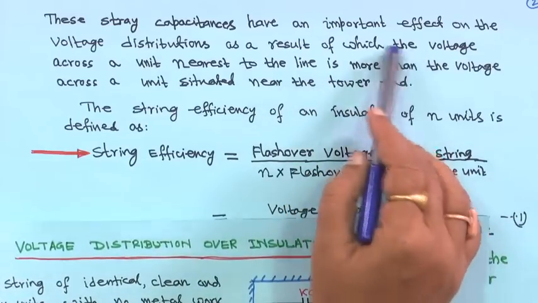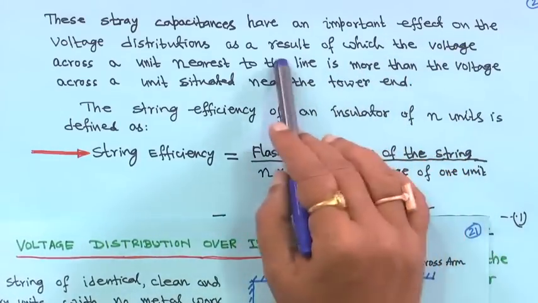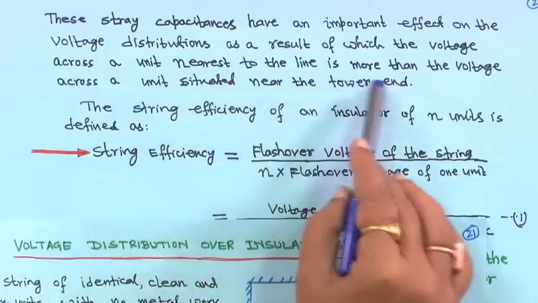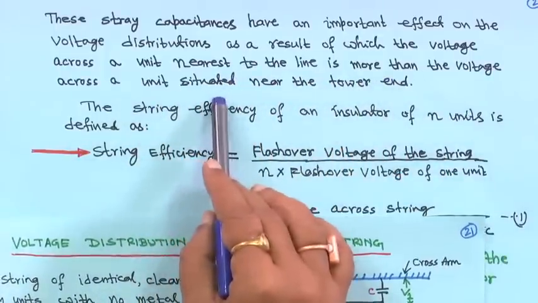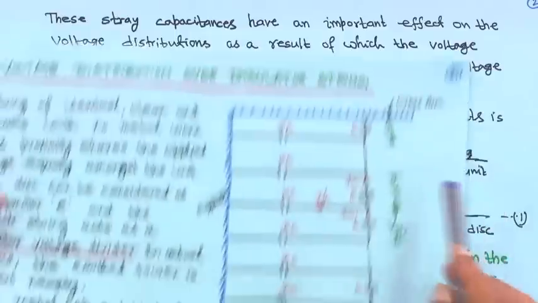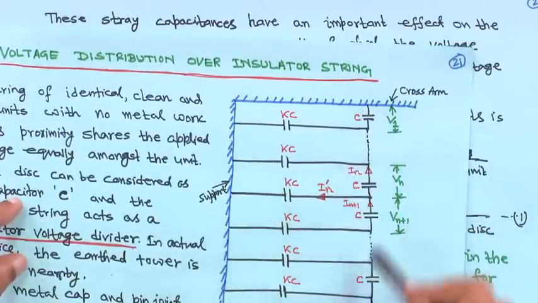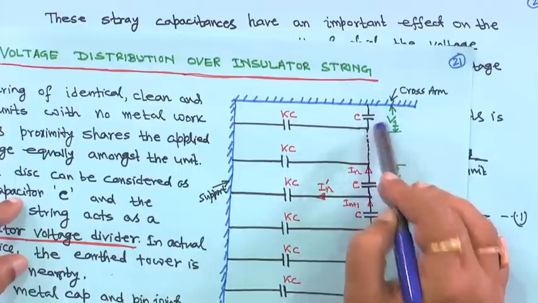So, the effect on the voltage distribution is that the voltage across the unit nearest to the line is more than the voltage across a unit situated near the tower end. This is the tower end, and this is near the line. So, voltage will be more here than this one.